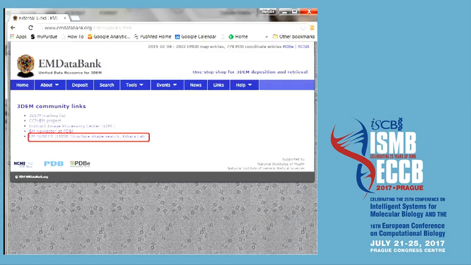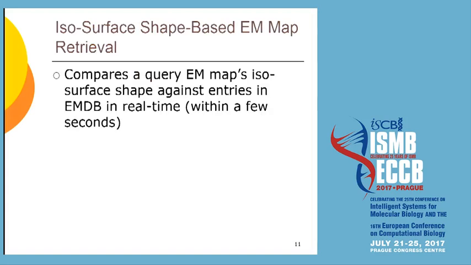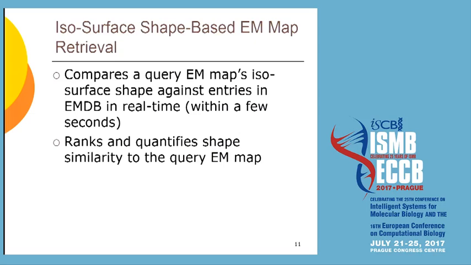It is also linked from the EM Data Bank website. What it does is compare the query EM map, or maybe a simulated EM map, against the EMDB in real time. You submit the EM map, or you select one of the EM maps in the EMDB, and it does a search instantly. Just like BLAST, it will rank and quantify the shape similarity of your query against the EMDB maps.